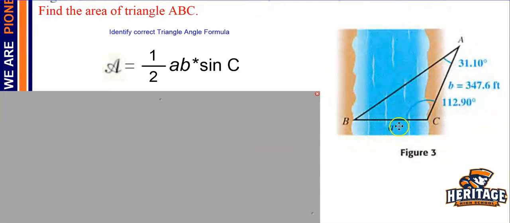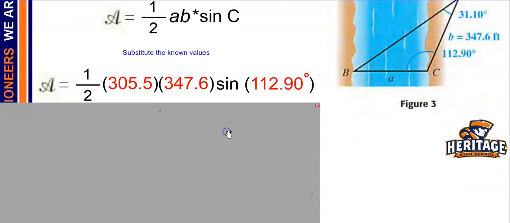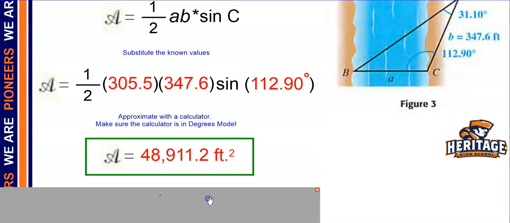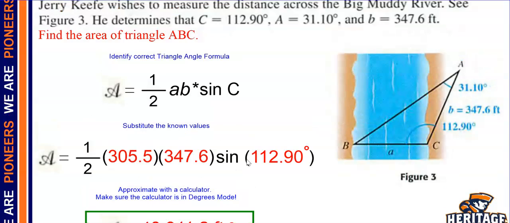The two sides we have are A and B, and we have the angle C, capital C. So plug in what we have. There we go. I would type this into the calculator, and the area is approximately equal to 48,911.2 feet squared. There you go.